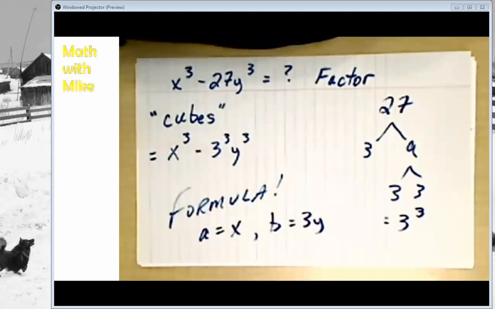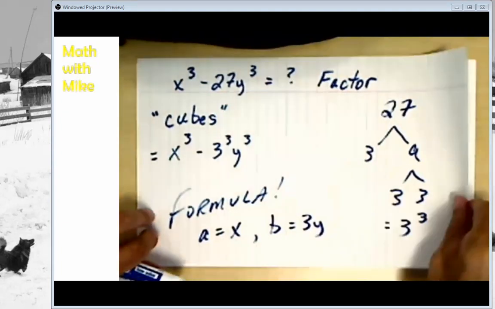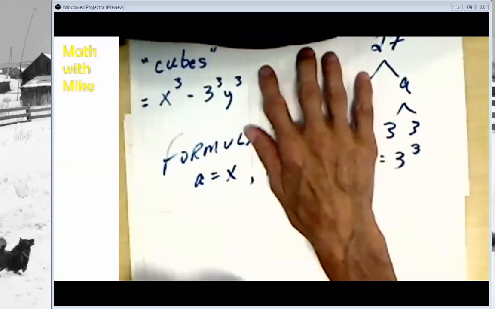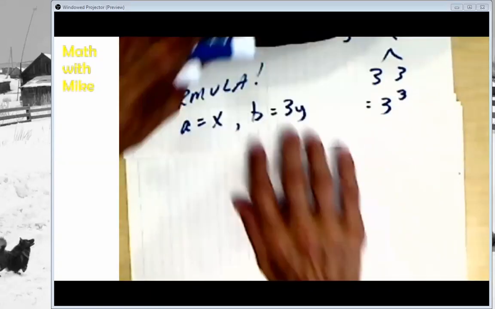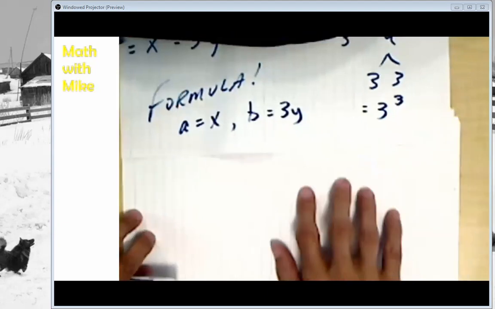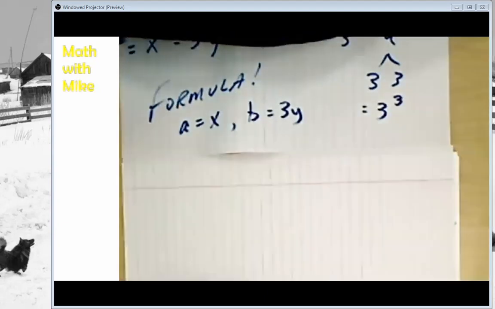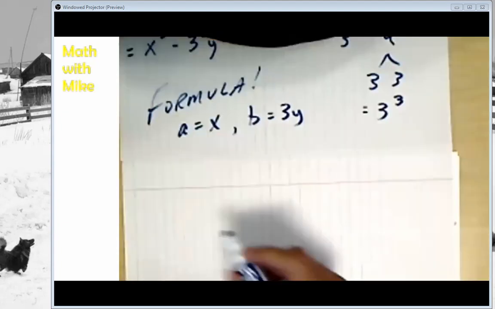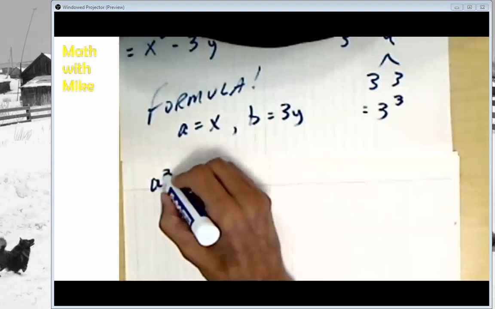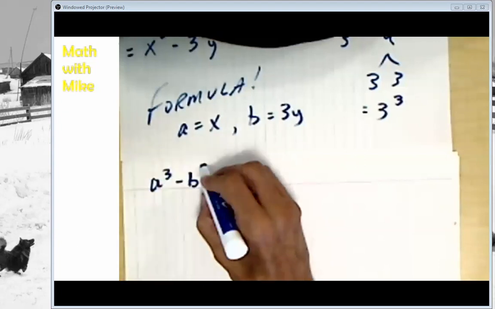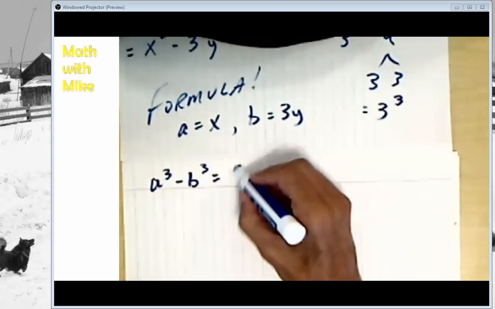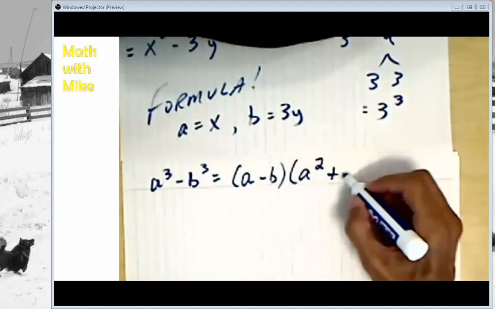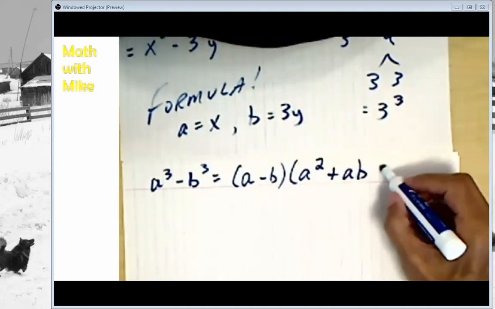Okay. So the general formula has all these A's and B's in it. I'll try and keep that all on the screen for you. So we have A cubed minus B cubed is equal to A minus B. I'm just copying classwork.